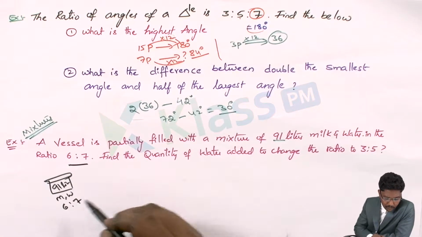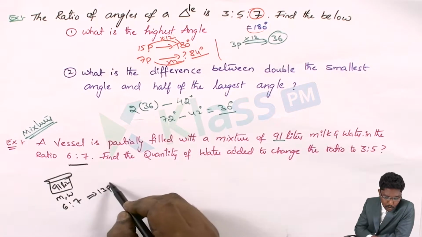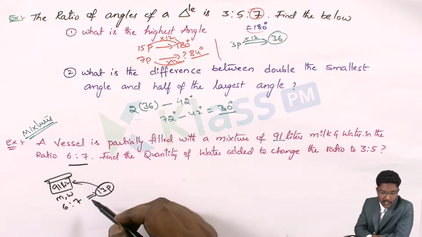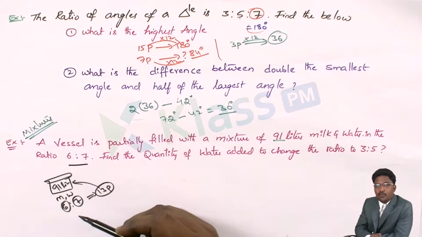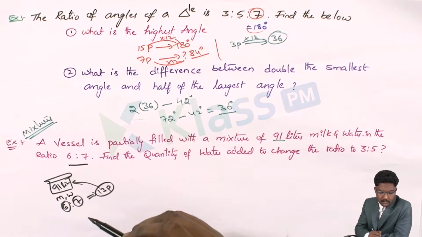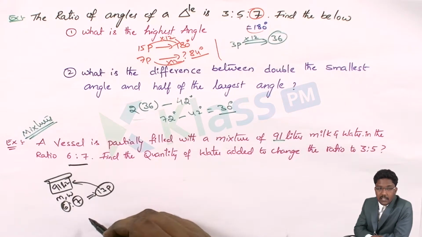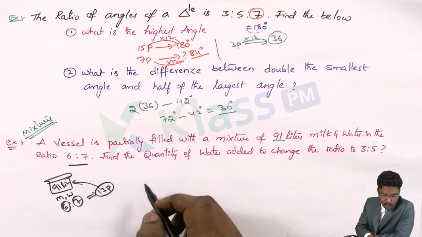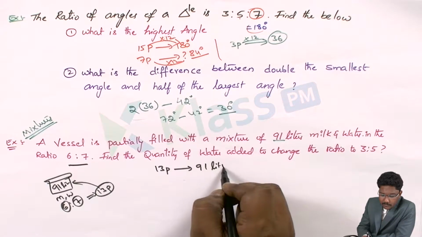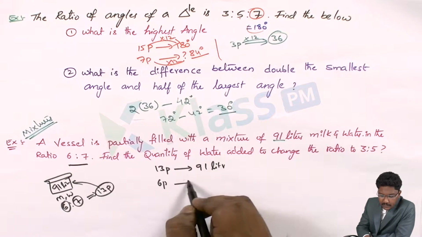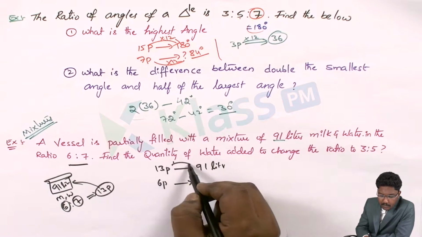This means out of 13 parts in this vessel, 6 parts are milk and 7 parts are water. First find out how much milk and how much water is in the vessel. 13 parts is equal to 91 liters. Then what is 6 parts? How does 13 become 91?